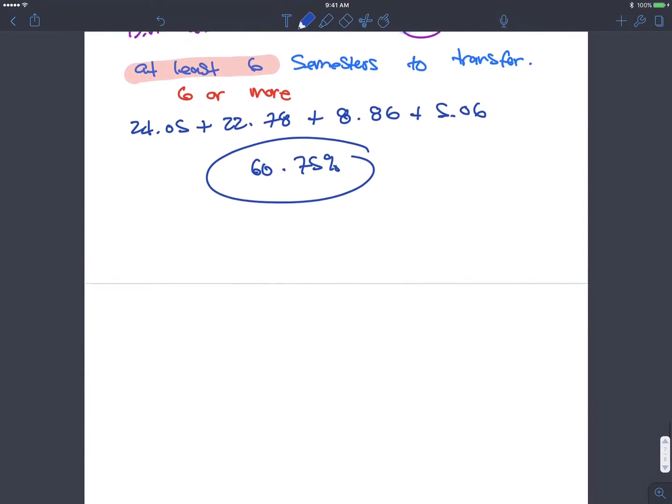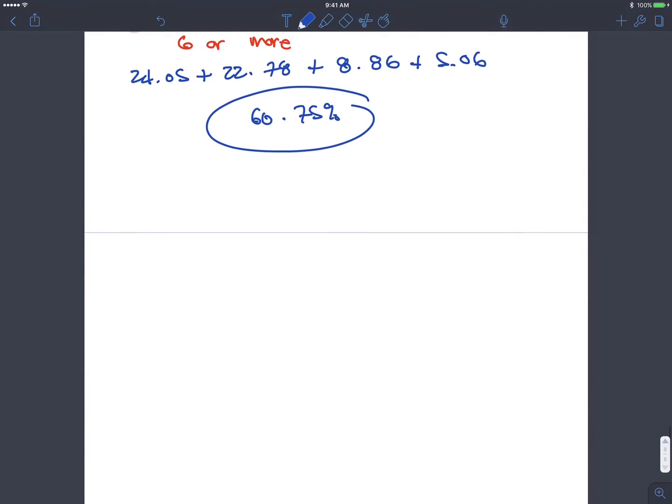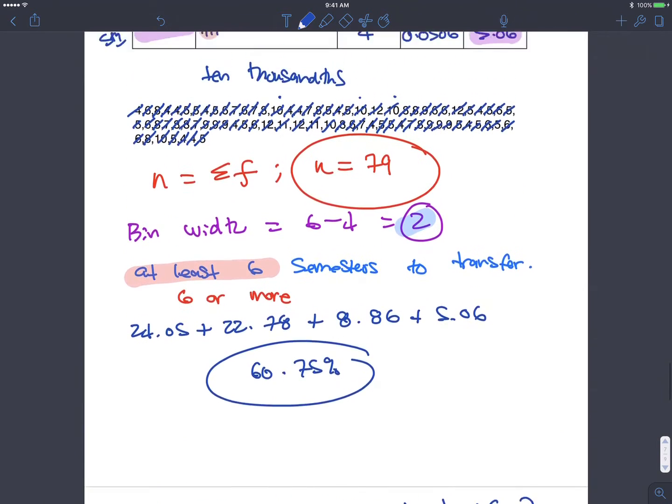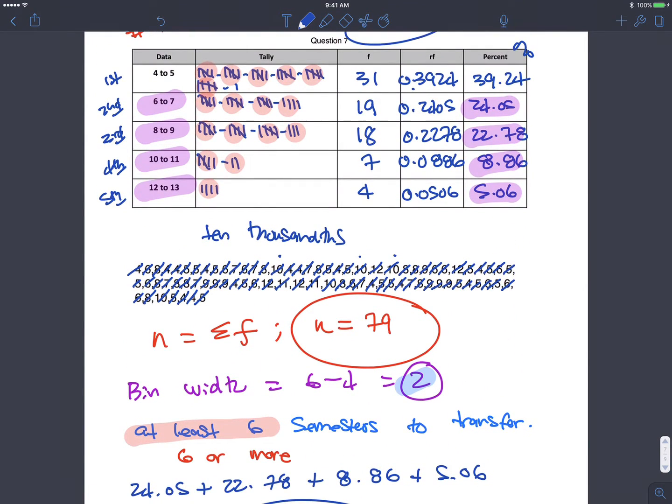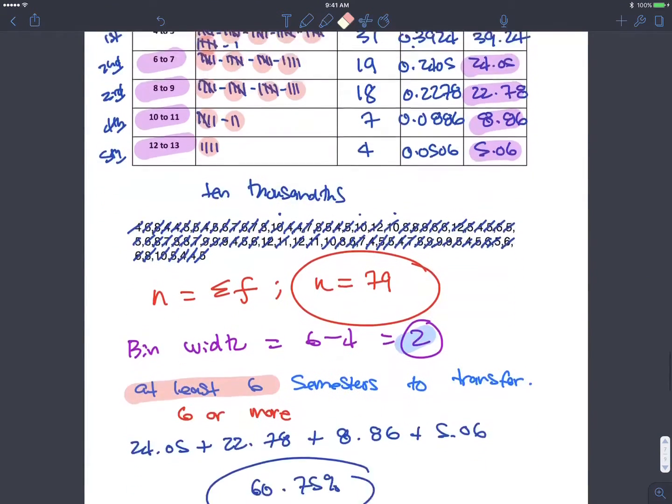Okay. Next question. What percent of the sample took at least 10 semesters to transfer? At least 10, let's go back and look at our bin situation and determine which bins hold data values that are at least 10.